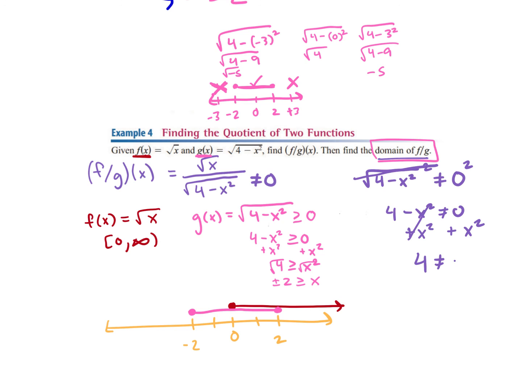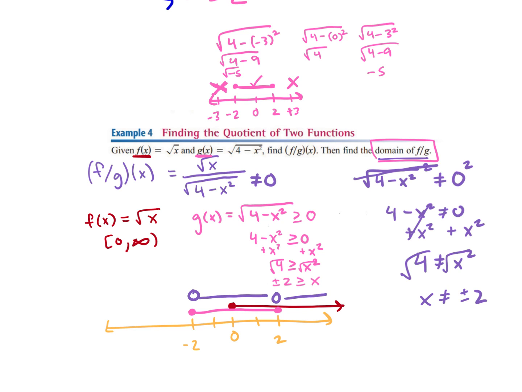So 4 does not equal x squared. Take the square root. So what can x not equal? Plus or minus 2. So actually, where I put closed circles here, I would need open circles.